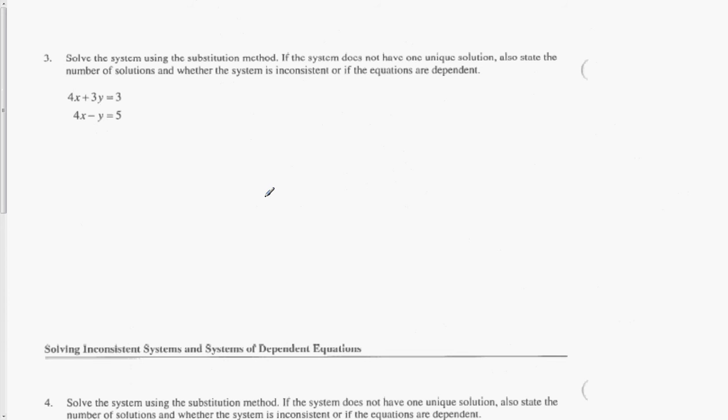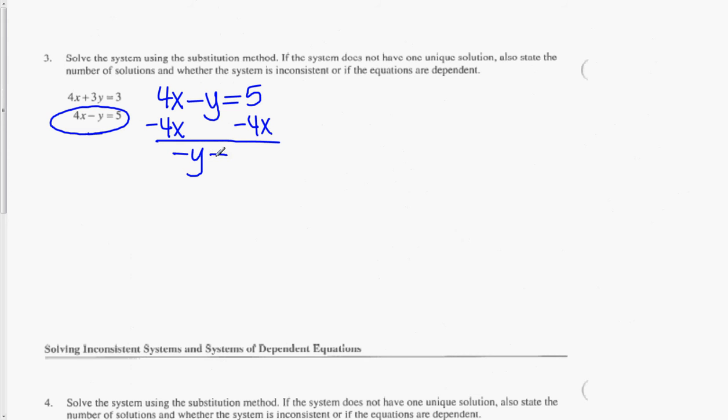I've got 4x plus 3y equals 3, and 4x minus y equals 5. So again, I'm going to work with the equation that has a 1y or a 1x. In this case, it's a negative y, but that's okay. So I'm going to have 4x minus y equals 5. I'm going to solve this one for y, because I don't want to have to deal with fractions, and I'm sure you don't either if you don't have to.